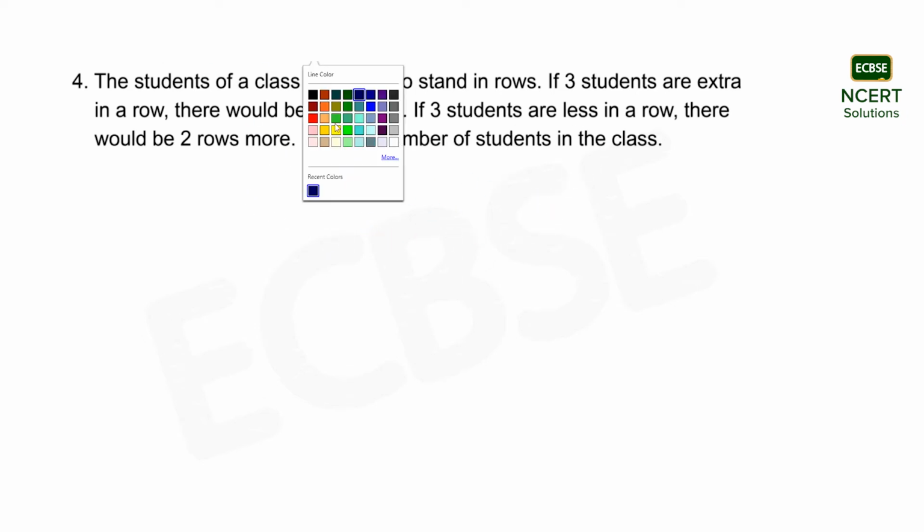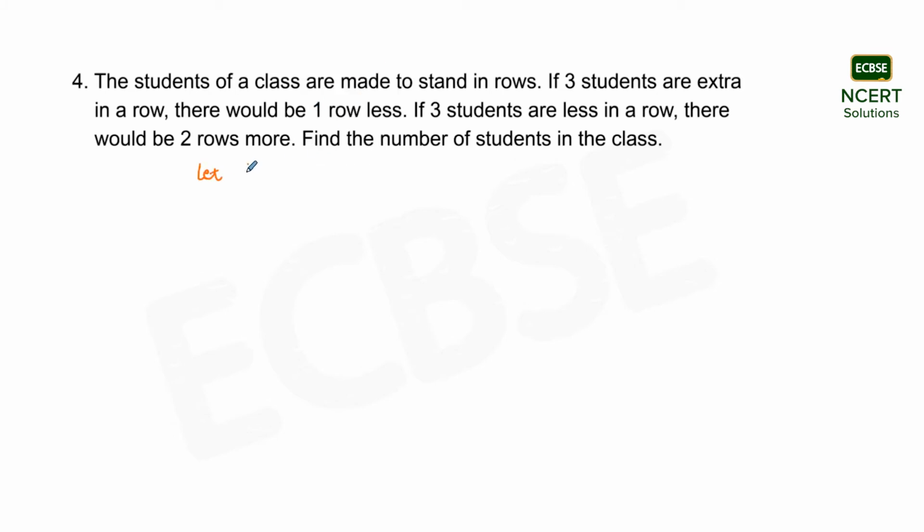In order to solve this problem, first we will let there be x number of students in a row. We are assuming that there are x students in each row. Also, let there be y number of rows.